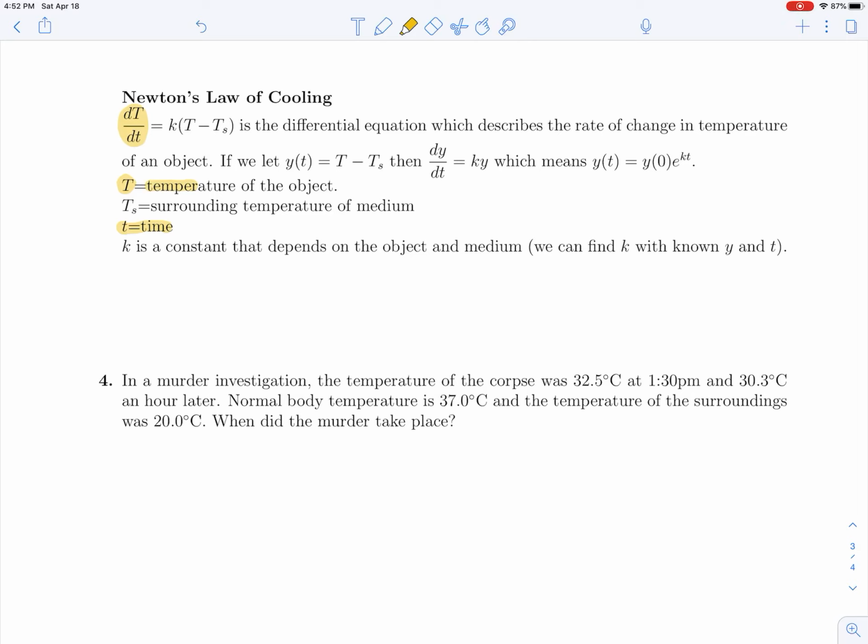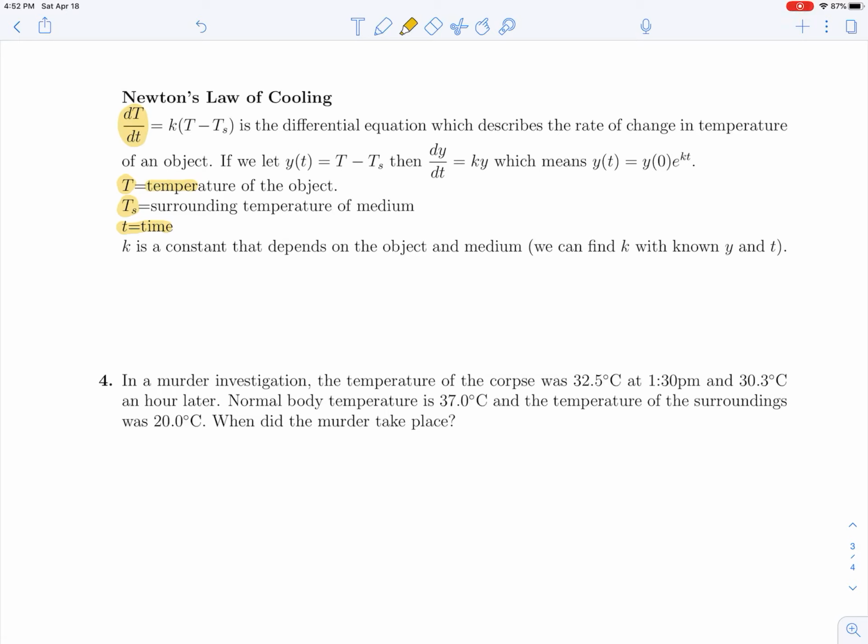So the rate of change of temperature with respect to time is equal to a constant times T, which is temperature, which is our function. So the capital T is our y, minus T sub s. And you can see here that T sub s is the surrounding temperature of the medium. So that's the differential equation, which describes the rate of change in temperature of an object.